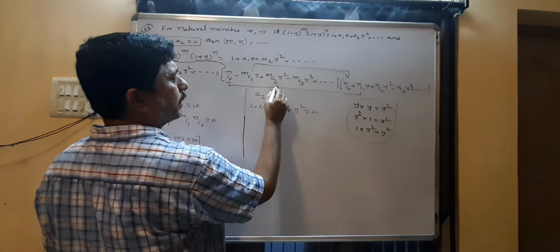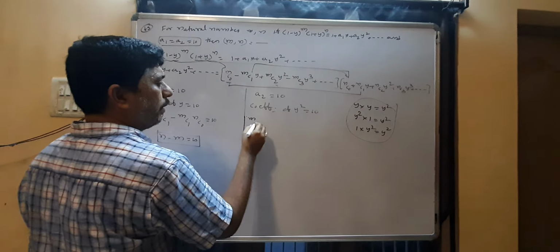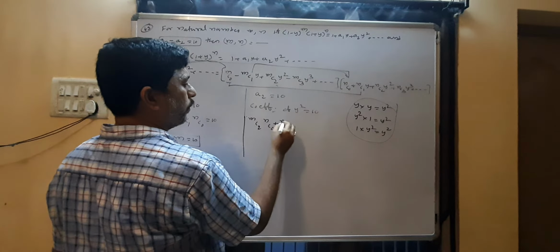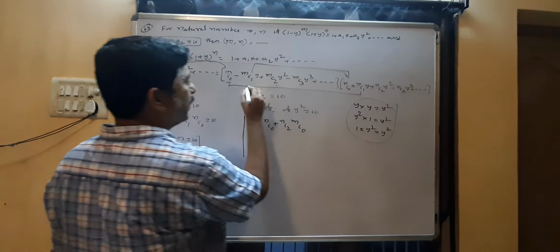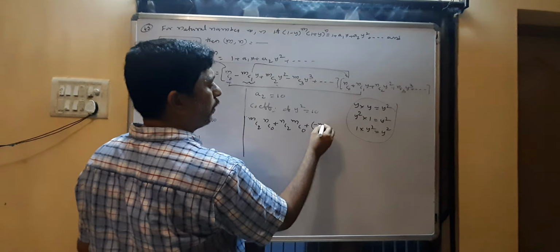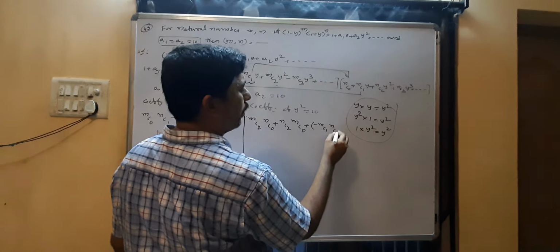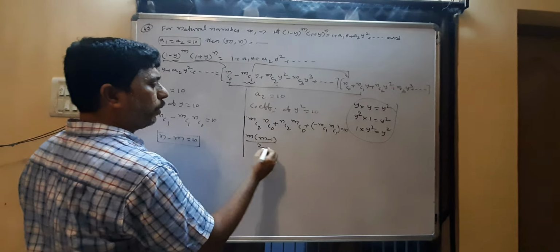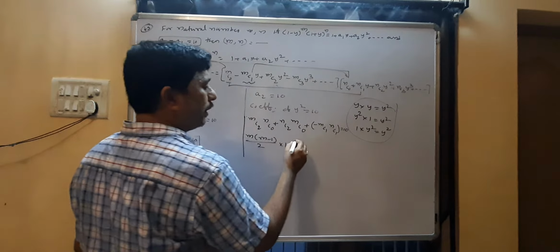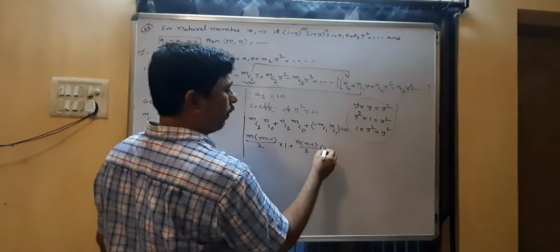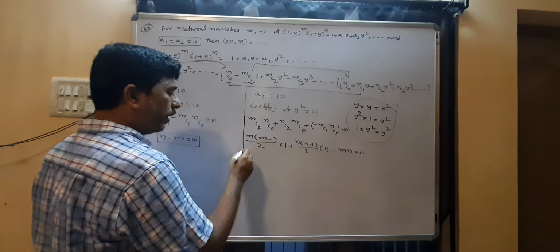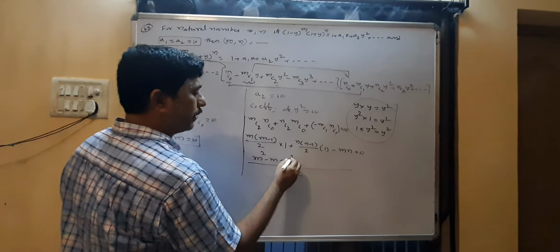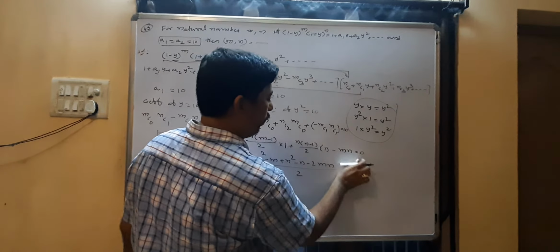First the y square terms: nC2 into constant mC0, mC2 into nC0, and then y into y, in this case minus mC1 into nC1, equal to 10. mC2 means m into (m minus 1) by 2, nC0 value is 1. nC2 means n into (n minus 1) by 2, minus mn equal to 10. Taking LCM 2, m square minus m plus n square minus n minus 2mn equal to 20.